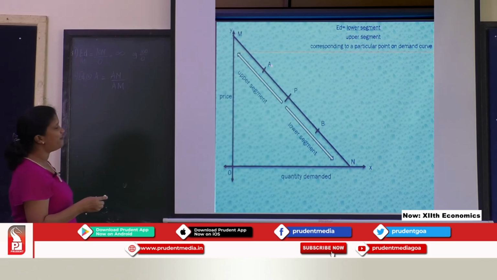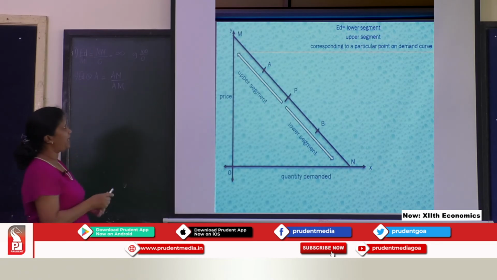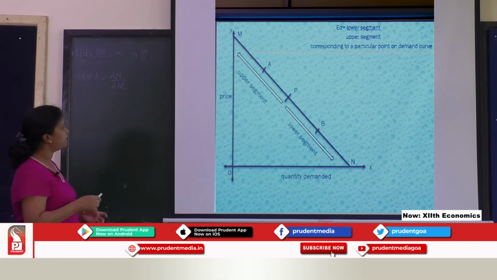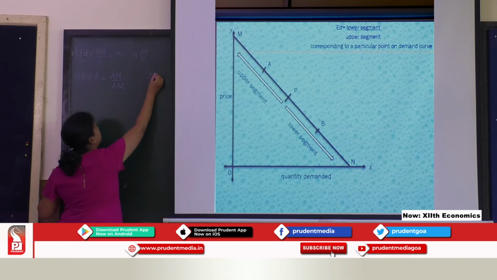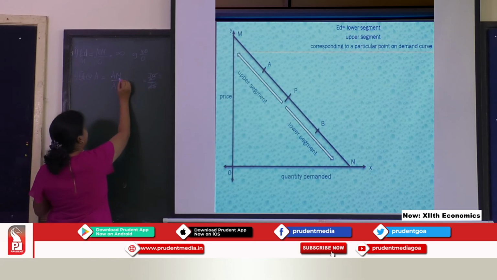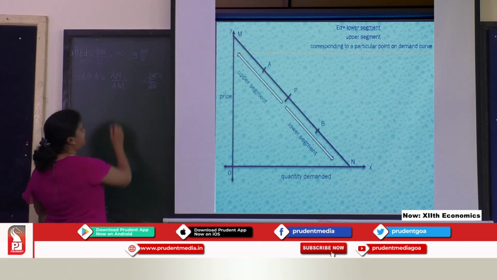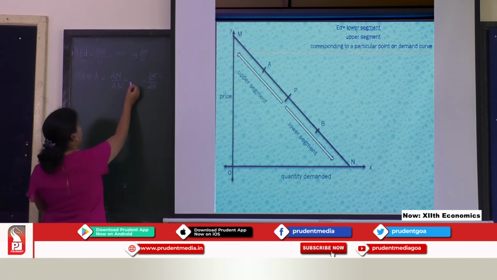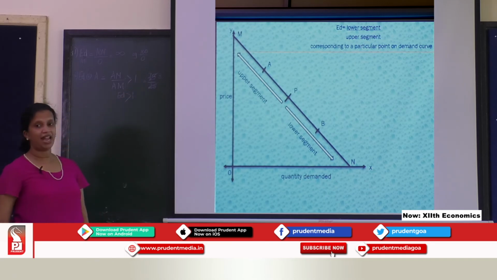So, in terms of a value, this would be 75, and this length would be 25. Either way, they would cancel out and I would be remaining with 3. Or, since this length is greater than this length, I will get a number whose value is greater than 1. Therefore, ED is greater than 1 at point A.